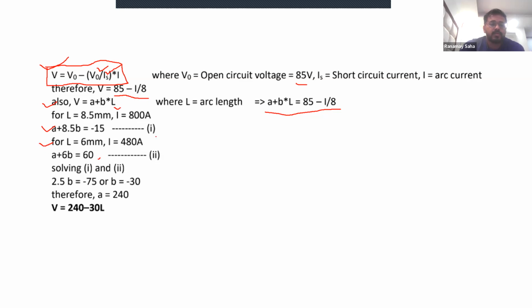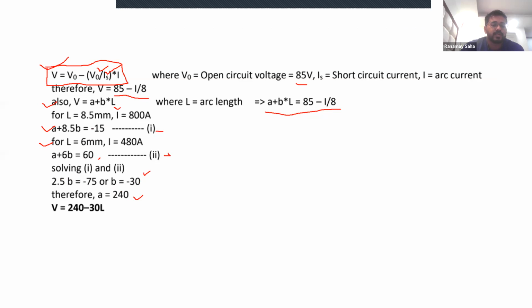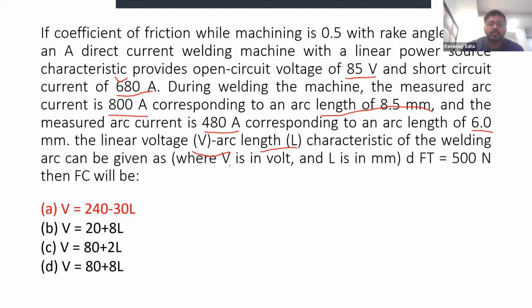Now you use the first and second equation and solve it to find out the constants A and B. You get B is minus 30, A is 40. Plug into the characteristic equation, V equal to A plus B L, and from that you can find out your required characteristic of the arc source for the given condition.